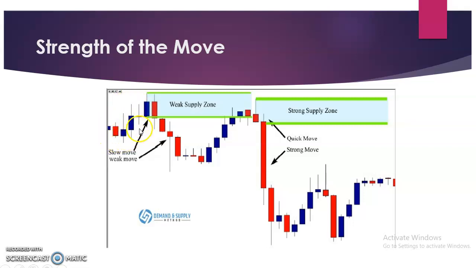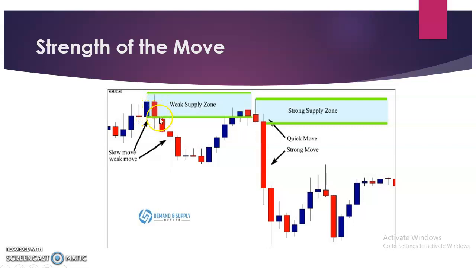Basically all of these moves are telling you that there are no institutions present in the market at this particular moment in time. Nothing much is actually happening around this point. Now, look at this.